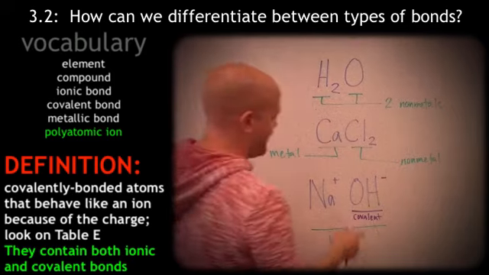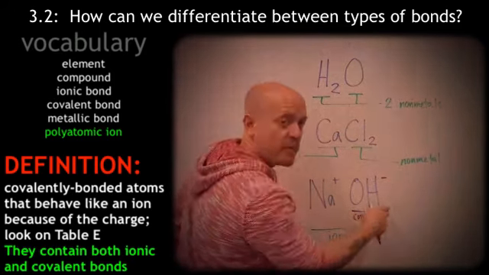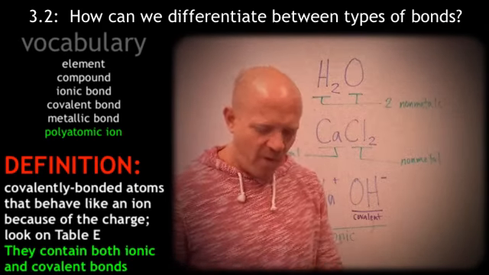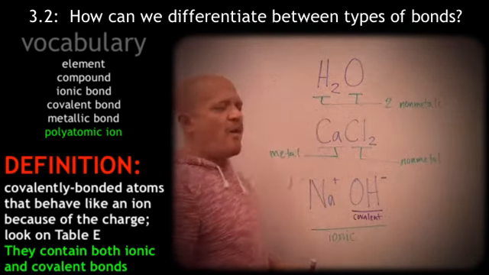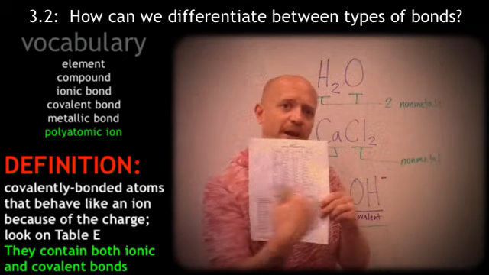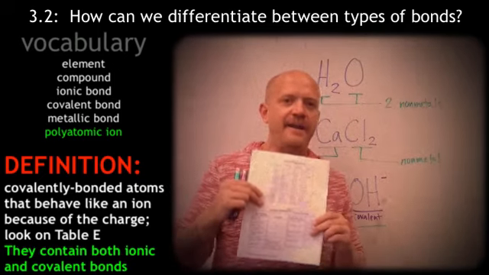So the entire thing is an ionic bond, but it also contains a covalent bond within it. So if you see anything like sodium hydroxide, or H2SO4, or AlPO4, or anything that is a combination from table E, this will contain covalent and ionic bonds.